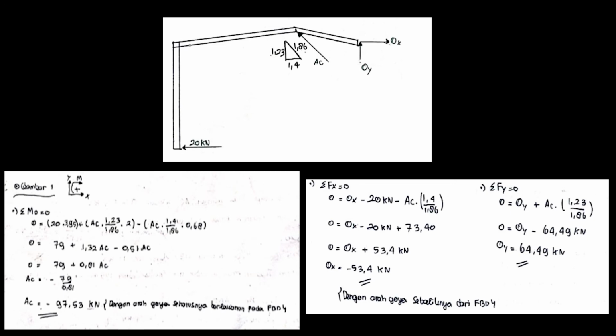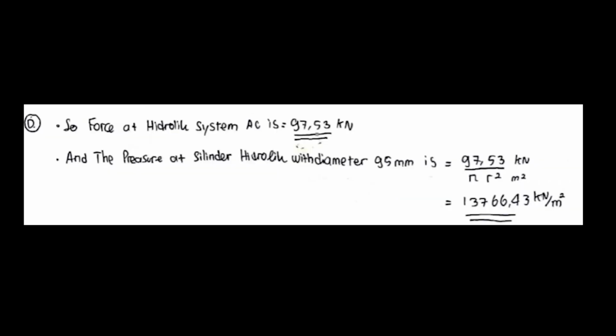We calculate it with the sigma Fx and we get force at OX, and calculating sigma Fy, we get force at OY. So we get the force at hydraulic AC is 97,53 kN.